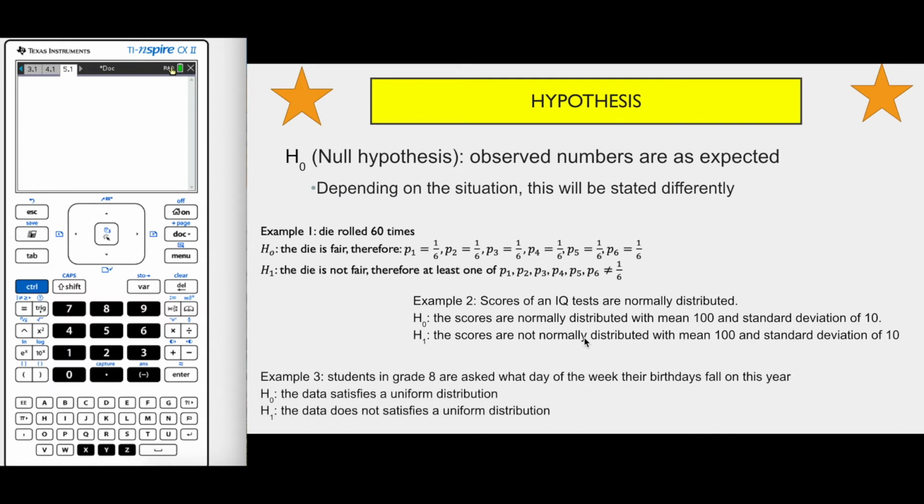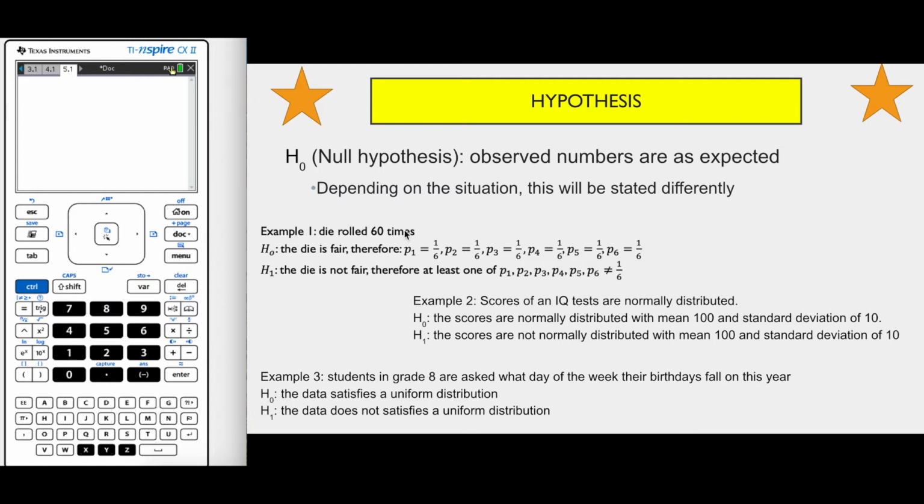And another example is if we have students in 8th grade and we ask them when their birthday is in a week, so does it fall on a Monday, on a Tuesday, or whatnot. Well, we would expect to have a pretty uniform distribution. What's a uniform distribution? Well, that just means that it's an equal chance of happening.